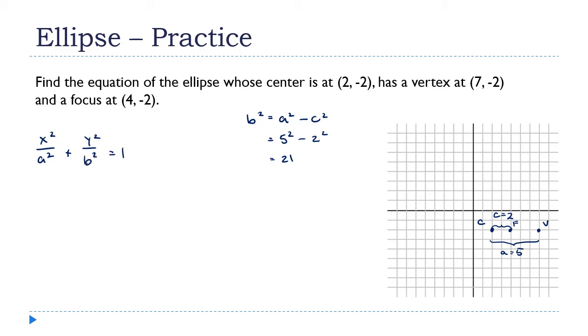A is 2, so 2 squared is 4, plus y squared over 21 equals 1. And now we got to fix the center, right? The center is at 2, -2. So the x gets translated 2 units to the right. This becomes x minus 2 squared over 4 plus y plus 2 squared over 21 equals 1. And that's it. Right, there's my equation.